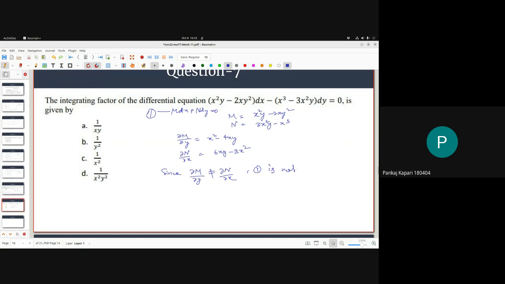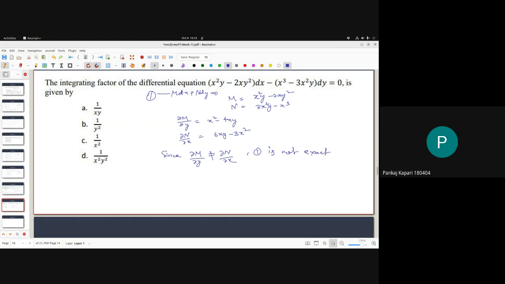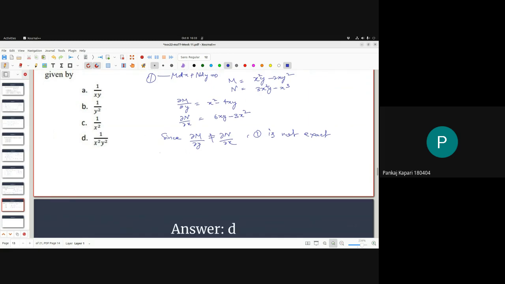1 is not exact. But notice that the functions M and N are homogeneous functions. Therefore the differential equation is also homogeneous.